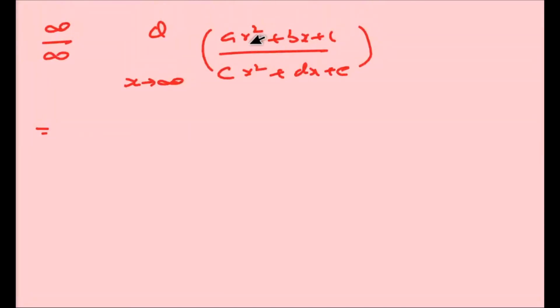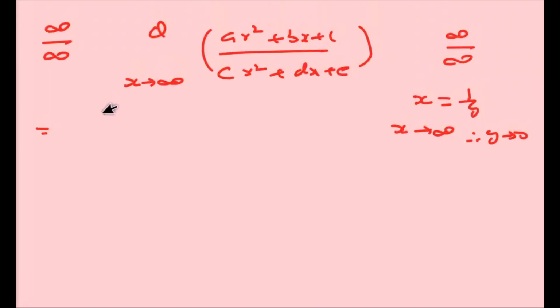If we put infinity and infinity here, we find this is the infinity type. Okay, but we take the common factor here. Let x equal to 1 upon y. So if x tends towards infinity, hence y tends towards 0.